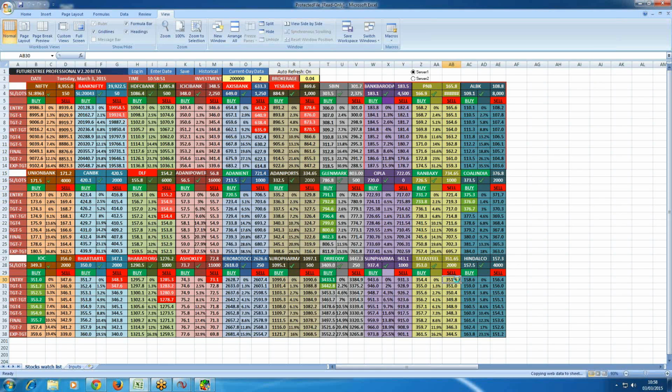What has happened? Tata Steel, we had a buy call. It already gave an entry and made its intermediate target. Now we have a sell call.